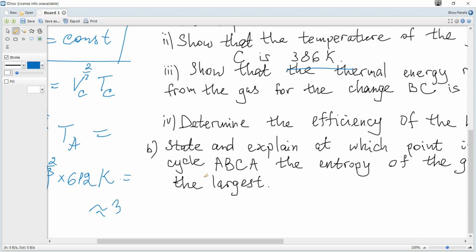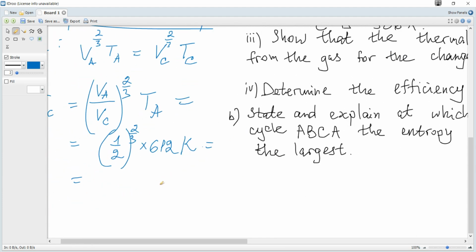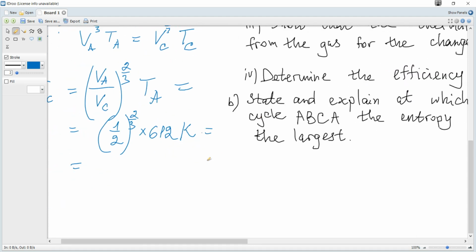If the question is to show that, you should write the answer to a greater number of significant figures or decimal places, and we can write that it is equal to 385.54 kelvins, something like this. And you may write that it's approximately 386 as required.